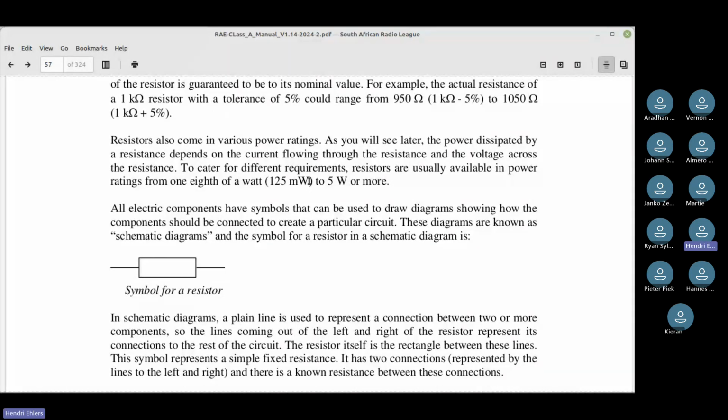Chances that you will encounter one of those are very slim. Generally, what we use is quarter watt, 250 milliamps, half watt, 1 watt, up to about 20 watt, as they say here, or more. All electrical components have symbols and can be used to draw circuit diagrams showing how the components should be connected.